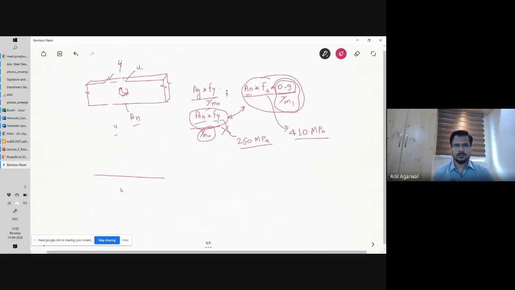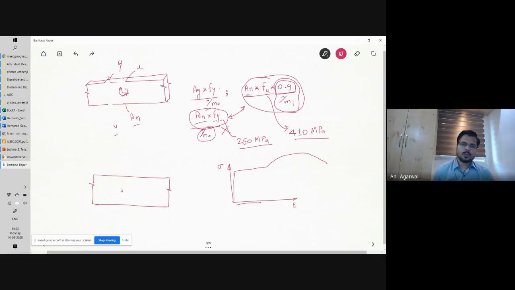So if I take that plate again and I'm drawing only 2D, the way steel behaves, I'm drawing the stress strain plot of steel. In true scale, this is how the plot will look, right? The strains from here to here are much larger than the strains from here to here.